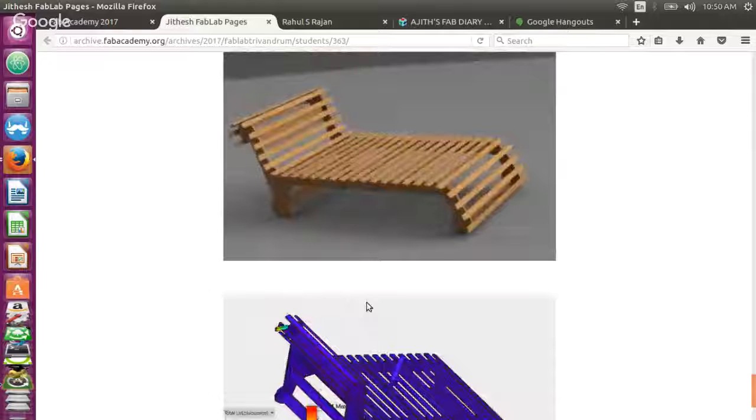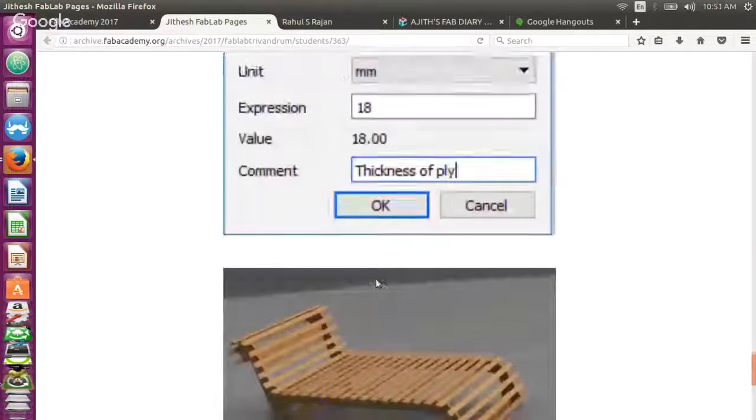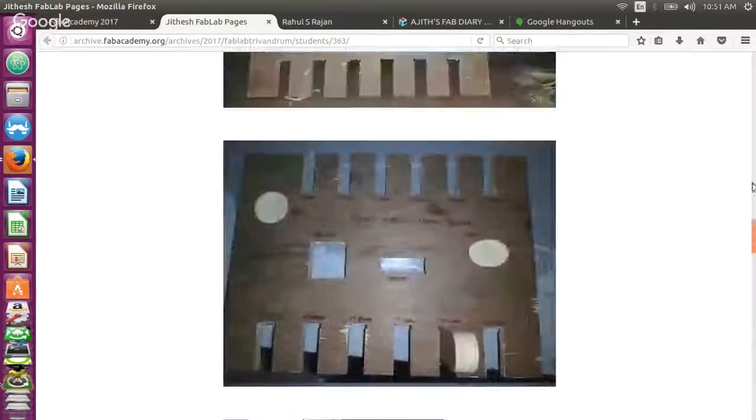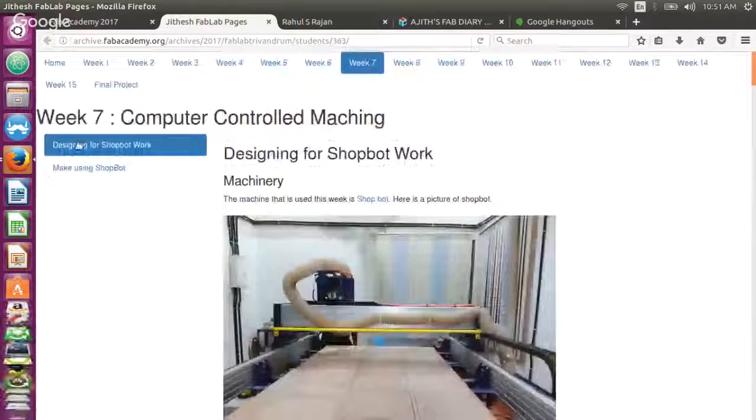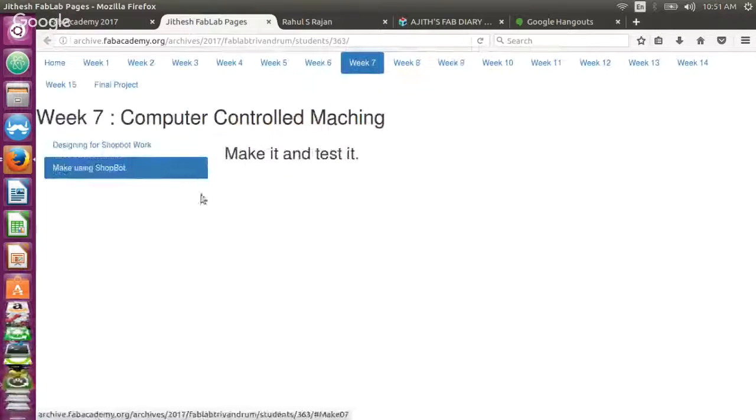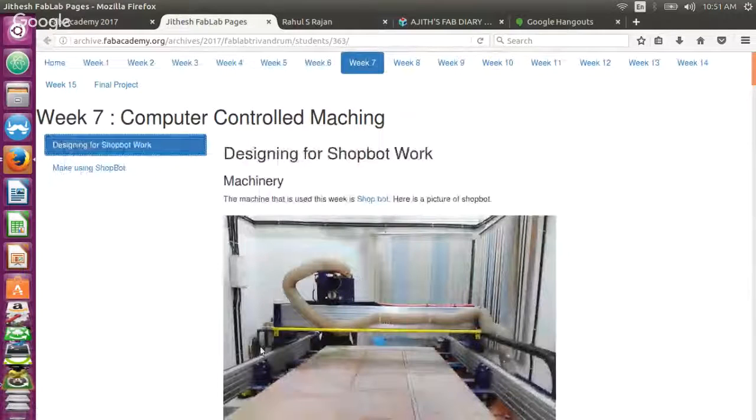I might shift it to something smaller, so that I can complete the work in one single sheet of plywood. So I'm halfway done. I will be populating more information once I'm done with the work.